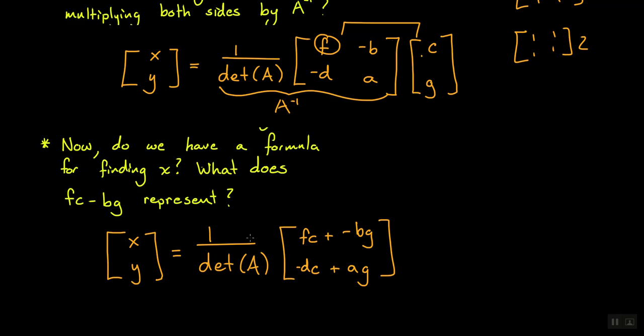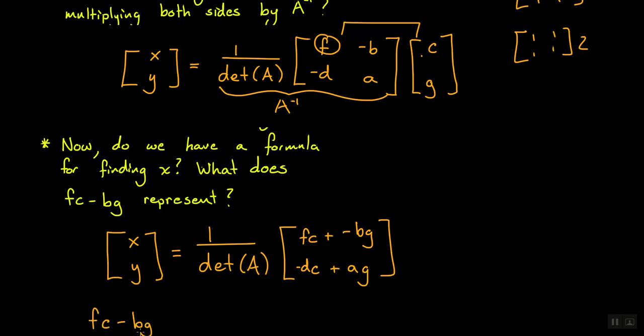Now, we could do this for X or for Y, just so you know. I'm only looking at the X's right now, okay? So I'm only looking at the top. If I think of FC minus BG, it's the determinant of something. And more specifically, I want you guys to include this.